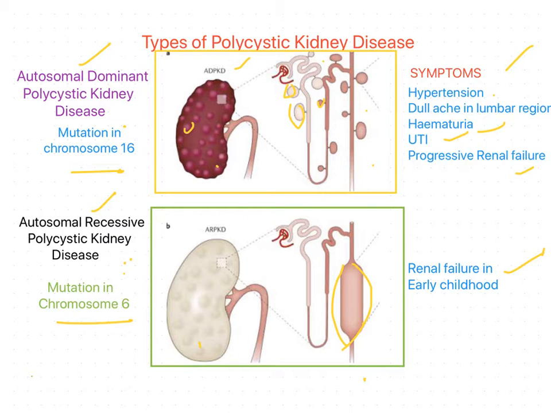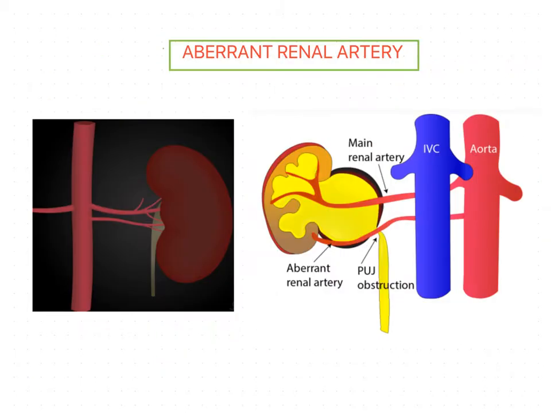And secondly, we are going to discuss another condition called aberrant renal artery. So what happens in this condition? Normally the kidney develops in the pelvic region and lies with the hilum facing forward.